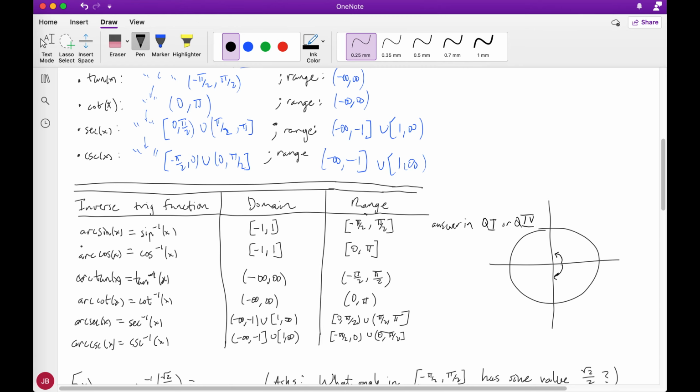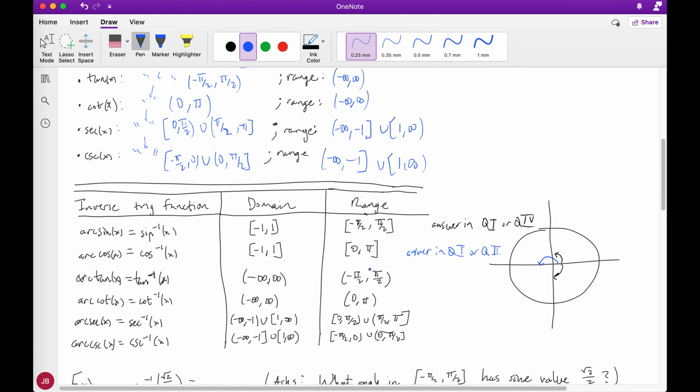And now let's see what arc cosine does. Well, it takes in a value between -1 and 1, and it spits out an angle from 0 to pi. Well, those are quadrants 1 and 2, right? So your answer here is in Q1 or Q2.